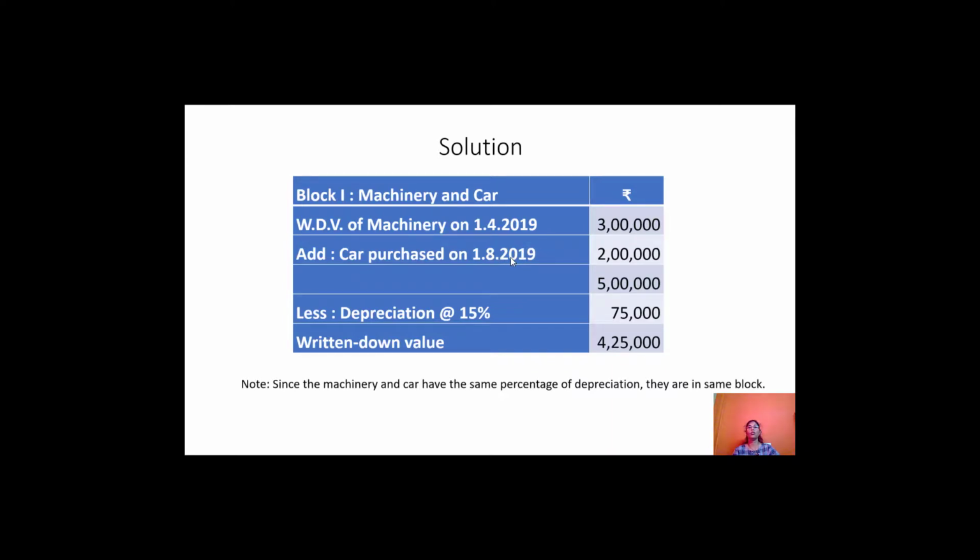From 1st August to 31st March 2020, if you calculate, it is 8 months, so it will be more than 180 days. So rupees 2 lakh, it comes to 5 lakh. So we shall charge the depreciation on the entire block of rupees 5 lakh at the rate of 15%, which comes to 75,000. Therefore, the written down value of the block of asset is 4,25,000.